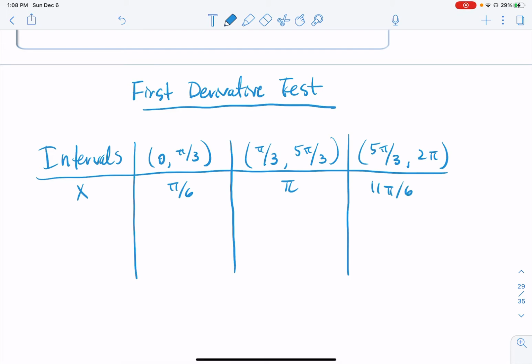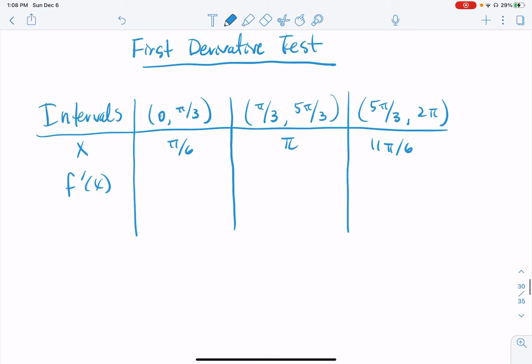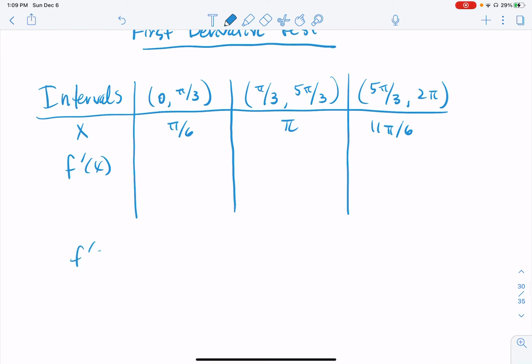Let me ask you a question at this point. Where do you plug these test values? You plug them into the first derivative. It is called the first derivative test after all. Remember that our first derivative here was 1/2 minus cosine x.